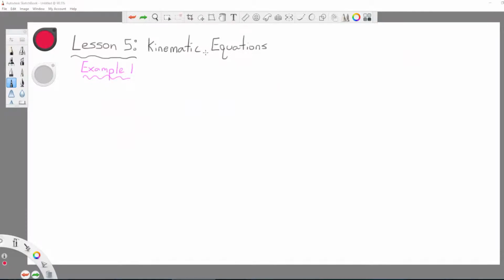The first thing about these equations is we have 5 variables that we're going to be working with a lot. Those variables are initial velocity. In some sort of problem, we want to know how fast our object is going to be starting out as. We're going to have final velocity.